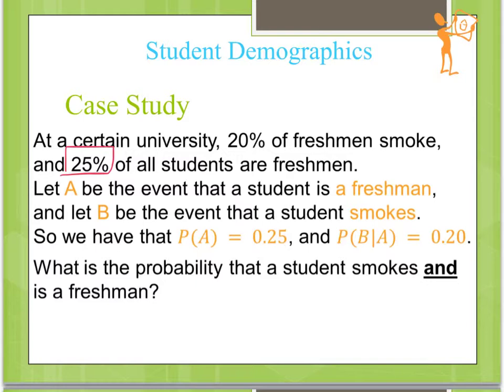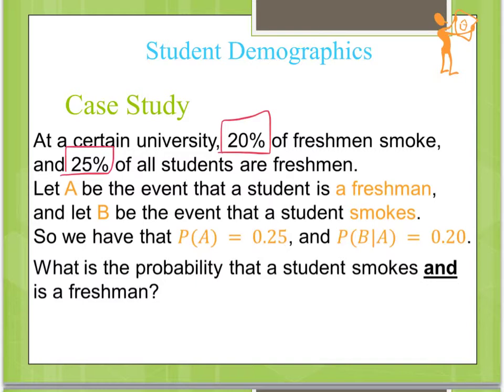The probability that a student smokes given that they're a freshman is the 20%, because with conditional probabilities, we set a condition that narrows things. We're not just looking at students who smoke, but at freshmen who smoke. We've narrowed it down to just freshmen, and then looked at smokers.